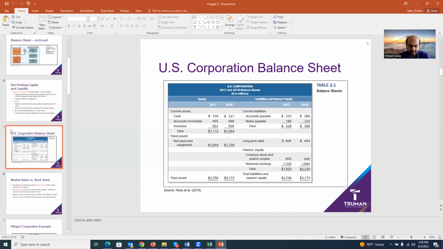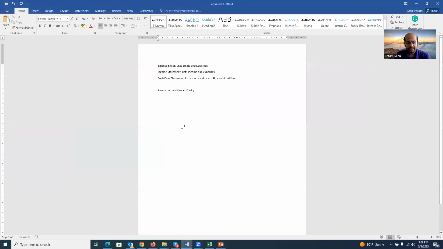So let's do this way. Let's make an example very quickly. Let's say in year 2023, purchased a plant at $10,000.